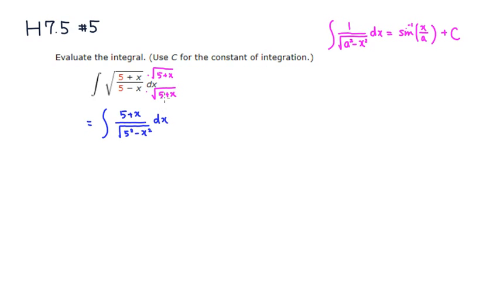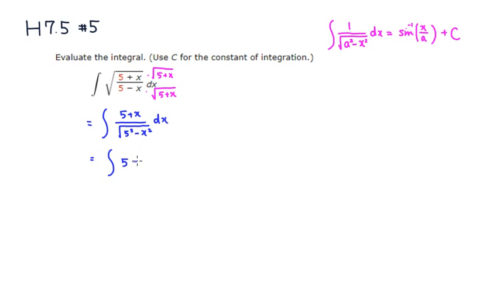Then we can split this into two parts. I'm going to put the 5 in front.